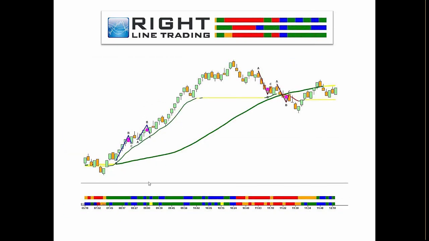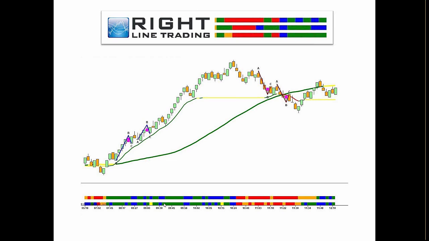Here's another example. Here's order flow and momentum on a multi-time frame basis aligning to the upside, right through here. Now, this is not looking at price on the trading chart here. So price on the trading chart is rising because these two lines are green.